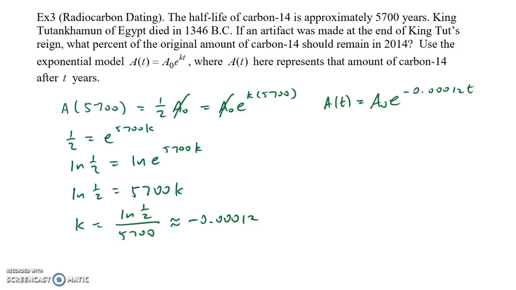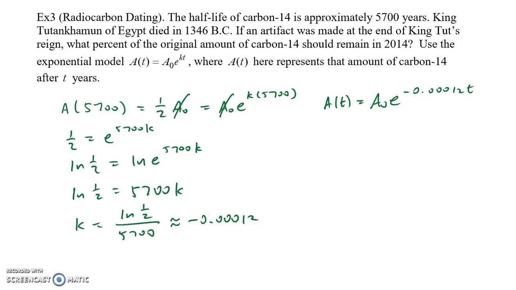Now to determine the amount of carbon-14 remaining, we need to know how much time has elapsed. We know that King Tut died in 1346 BC. The current time, we're going to use the value in the problem, is 2014 AD.